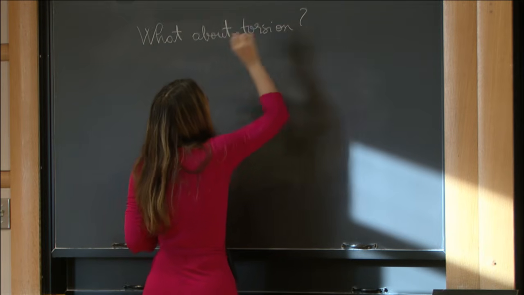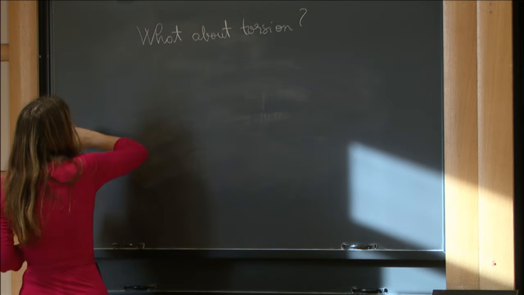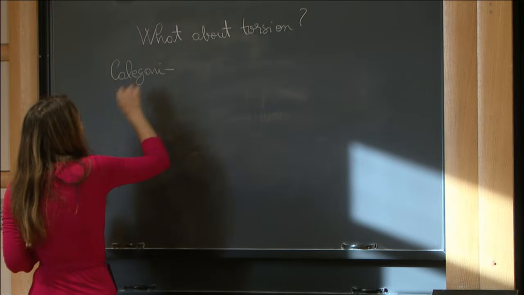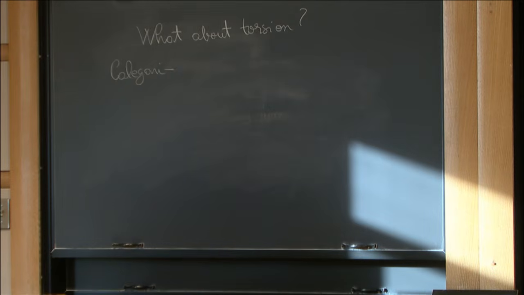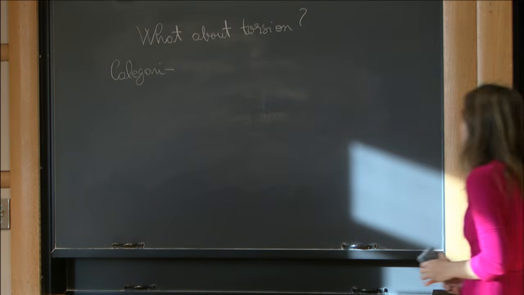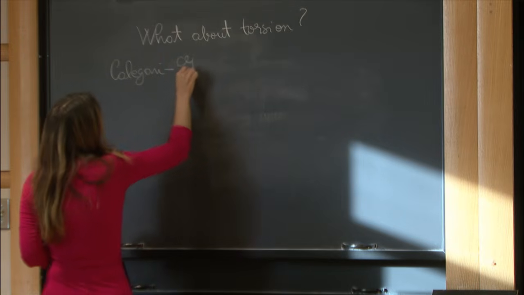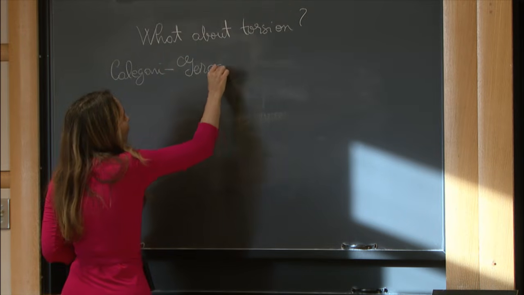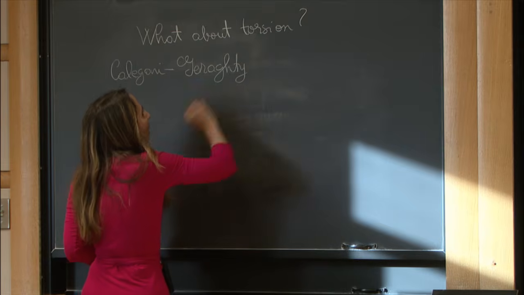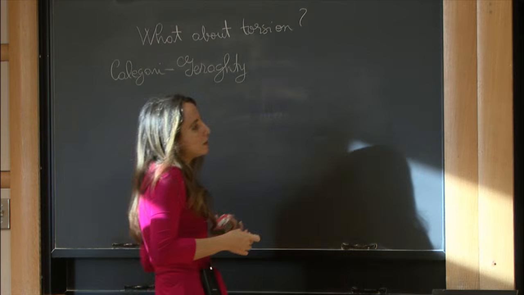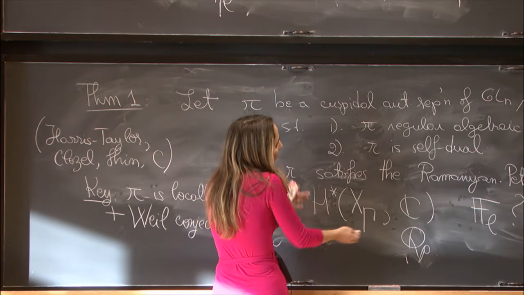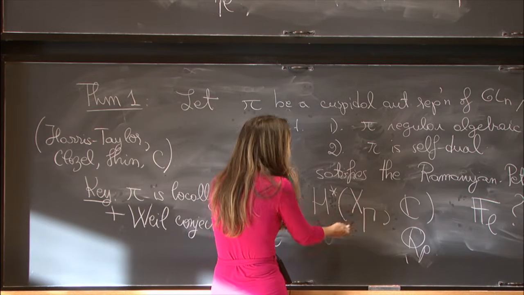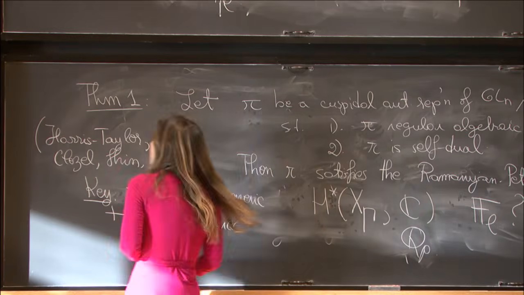And so the question would be, what about torsion? I mentioned the Taylor-Wiles method. It's about going the other way from the Galois side, tracing back to classes in the cohomology of these spaces. And there's a recent strategy due to Calegari and Geraghty, a strategy for extending the Taylor-Wiles method in higher dimensions, especially in the case where your spaces are higher dimensional and you can have cohomology in lots of degrees.